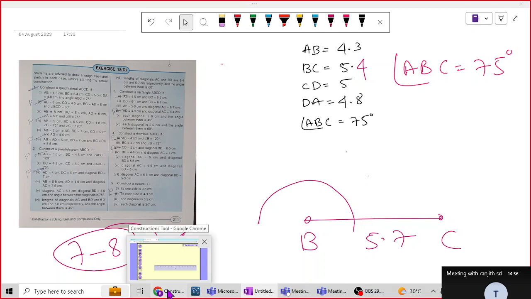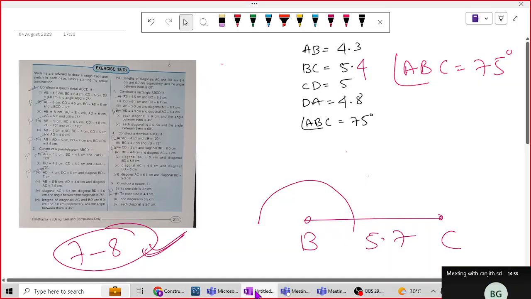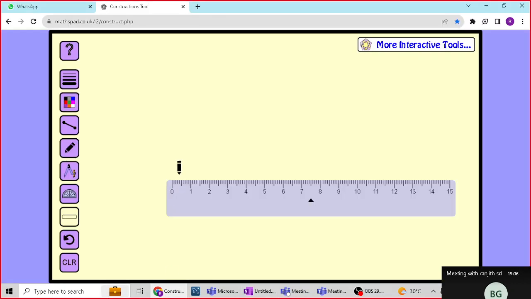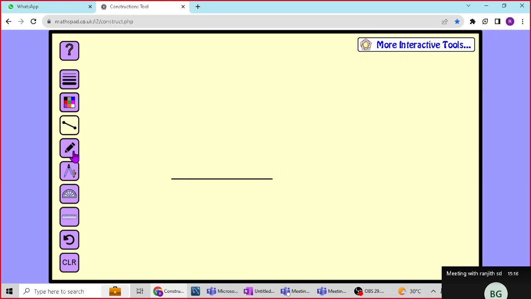So 5.4, right? Okay, 5.4. This is BC. It is 5.4.